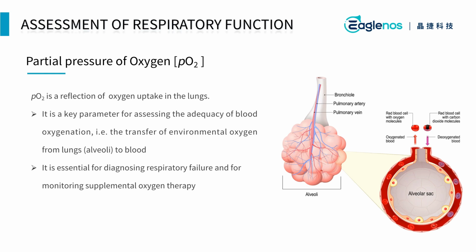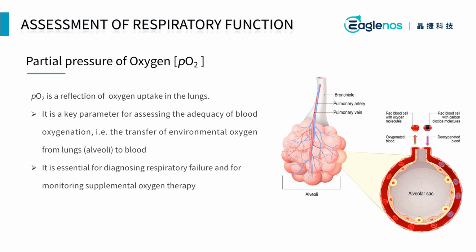In addition to diagnosing respiratory failure, partial pressure of oxygen is critical for monitoring supplemental oxygen therapy. In patients requiring additional oxygen, partial pressure of oxygen levels help determine if the current oxygen therapy is effective or if adjustments are needed.